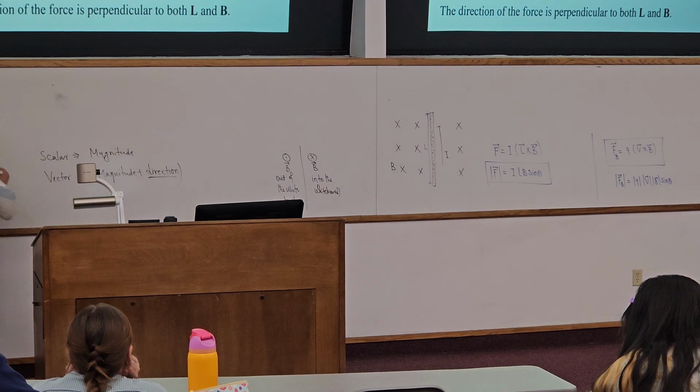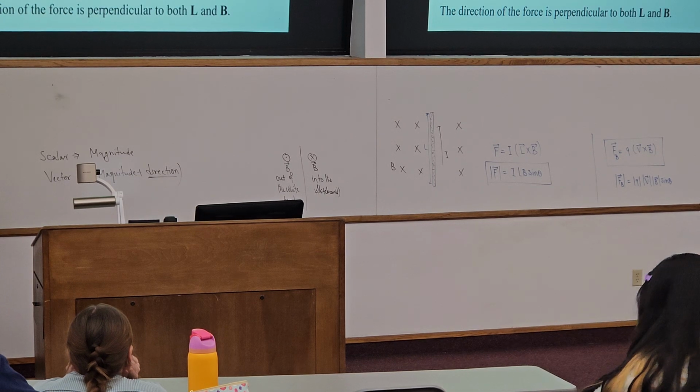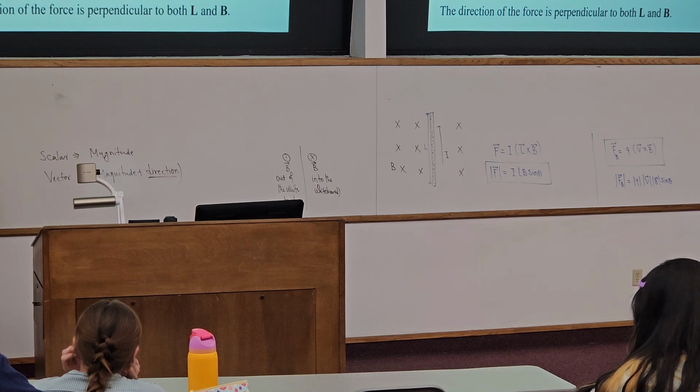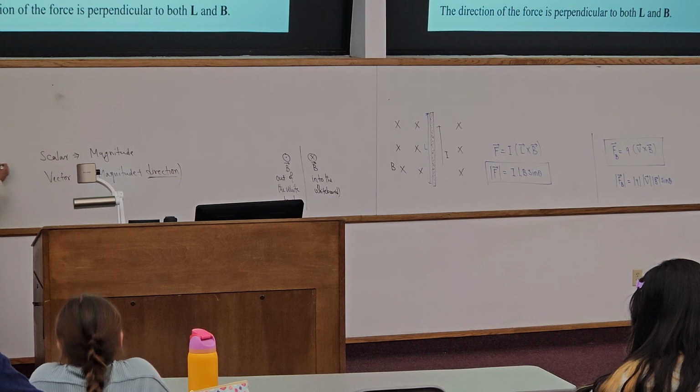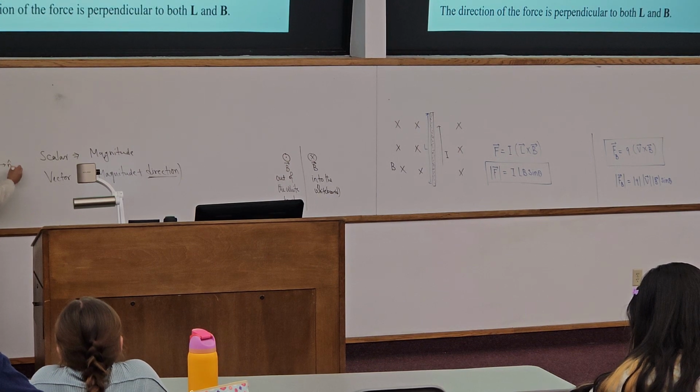So if you have some area, as with magnetic flux or electric flux, area is like a scalar. If you want to make an area vector, you need to give it a direction from the normal.